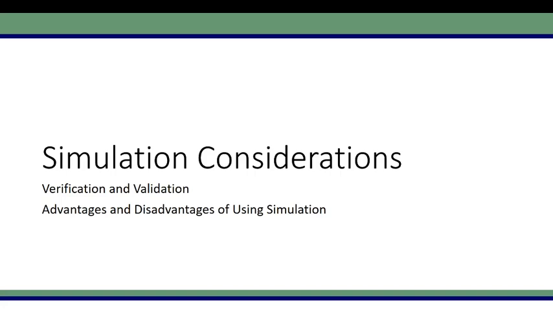In some cases, inaccurate simulation models cannot be expected to provide worthwhile information. Thus, before using simulation results to draw conclusions about a real system, one must take steps to verify and validate the simulation model. So we have verification and validation. And in this topic, we also have the advantages and disadvantages of using simulation.